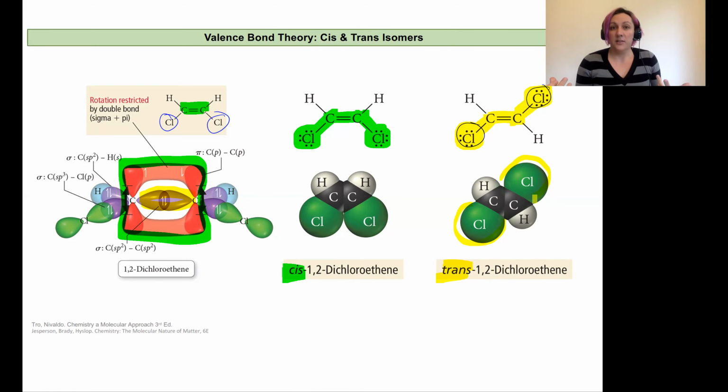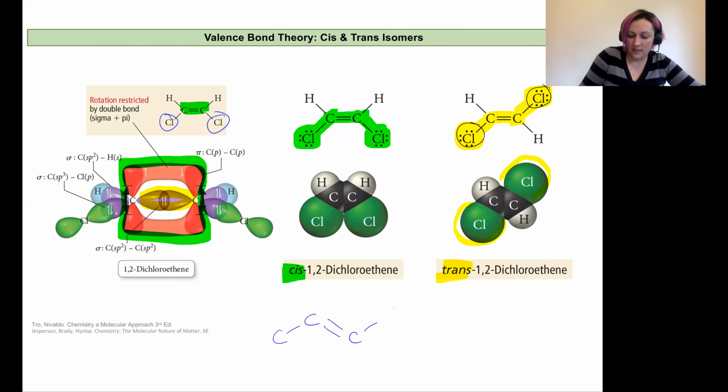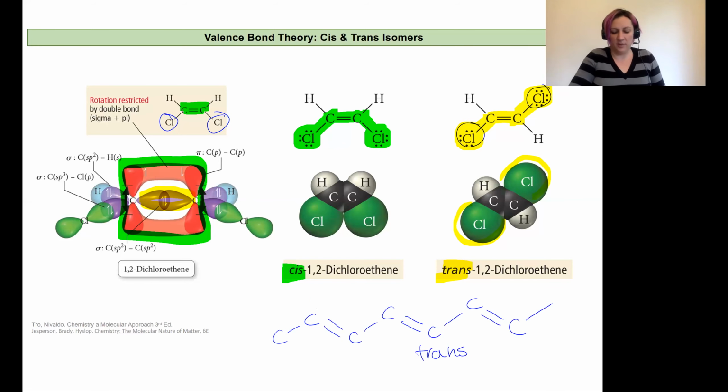Because of this, we get things like trans fatty acids or cis fatty acids. You see these double bonds especially come up in these conjugated carbon-carbon chains that we see in biology a lot. This would be all trans isomers, and they would have other stuff bonded to these carbons.